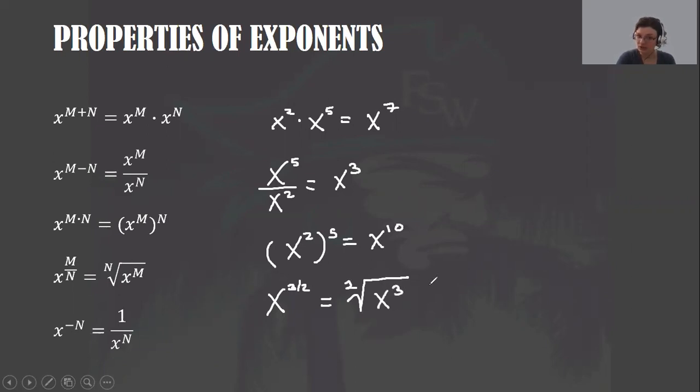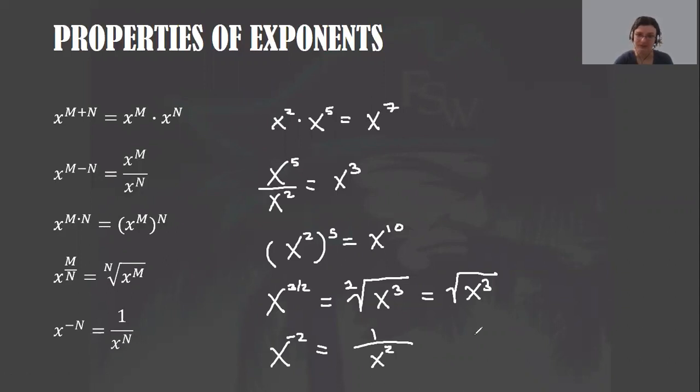But it should be noted, whenever that radical has a 2, that's your standard square root, so you can write it like so. And then finally, whenever your exponent is negative, it can become positive by changing its position in a fraction. So if it's a normal value like that, put it in the denominator like so, and you now have a positive exponent. I just wanted to bring up these rules because they're going to help us with some of the stuff we'll be doing later.